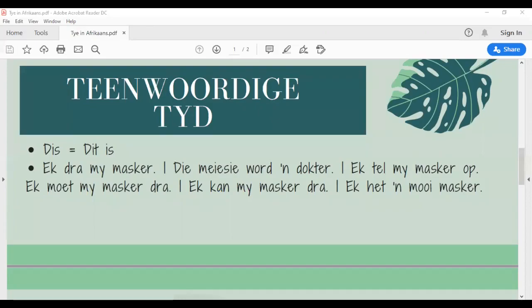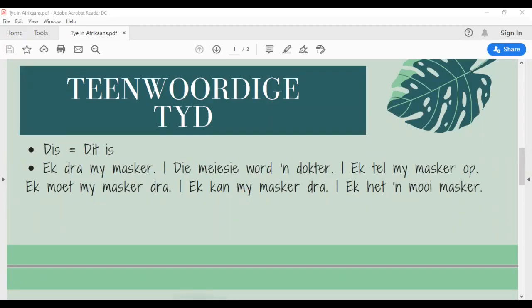Let me think of an example. Sy het 'n masker gedra. Sy dra 'n masker. Mooi. We take out het, we take out ge.